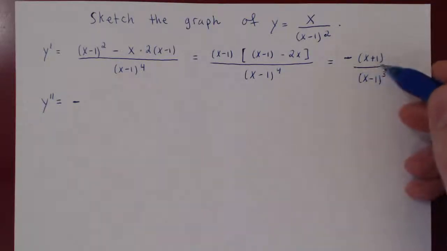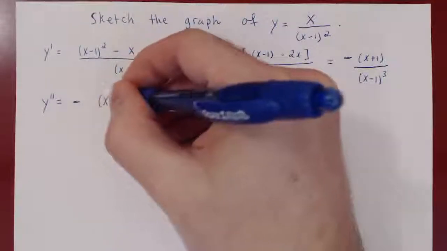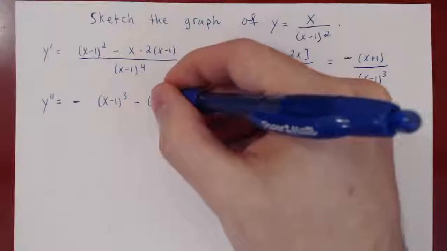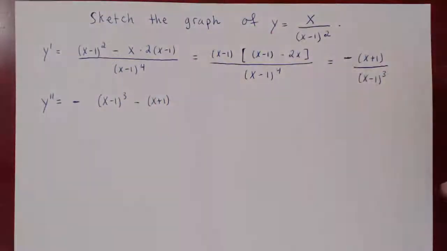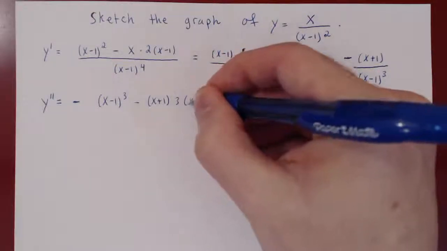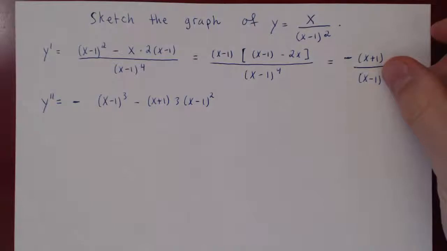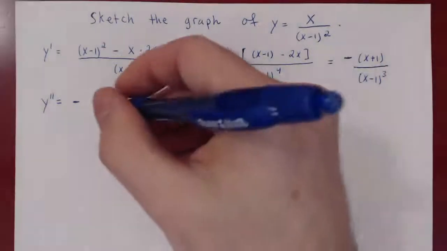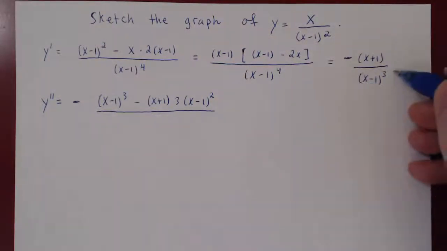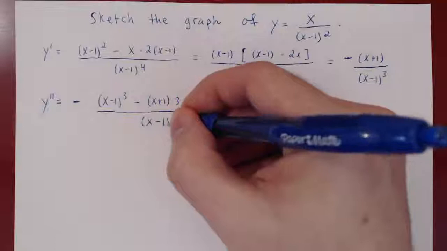So the derivative of x plus 1 is 1 times (x minus 1) cubed minus (x plus 1) times the derivative of (x minus 1) cubed by the chain rule, 3 times (x minus 1) squared times the derivative of x minus 1, which is simply 1, over ((x minus 1) cubed) squared, which will give you (x minus 1) to the power of 6.